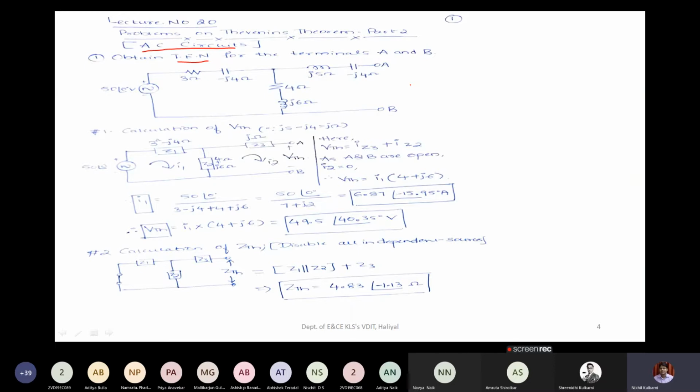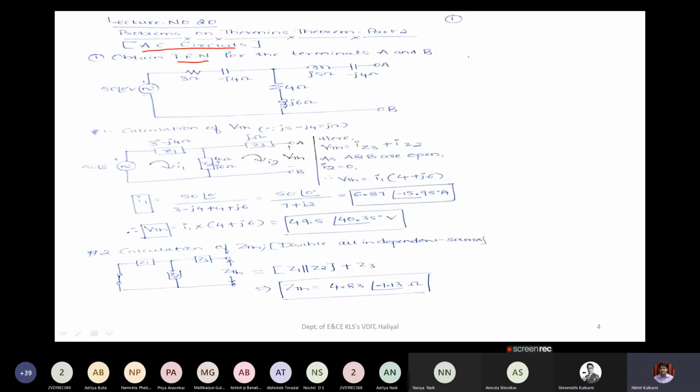We already know the meaning of Thevenin's equivalent network. Across AB, you should reduce this circuit in such a way that you get only a voltage source, which we call Thevenin's voltage, and an impedance or resistance, which we call Thevenin's impedance or Thevenin's resistance.